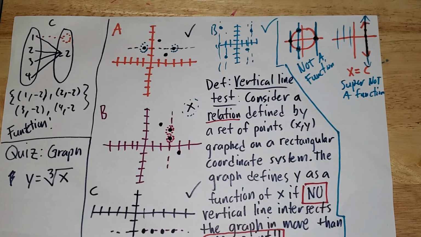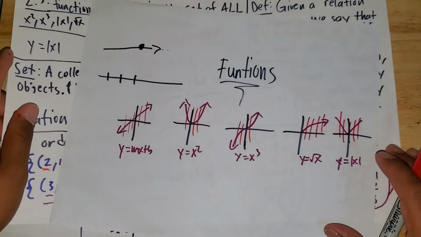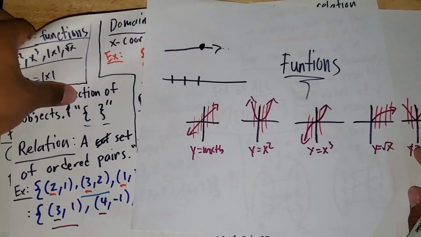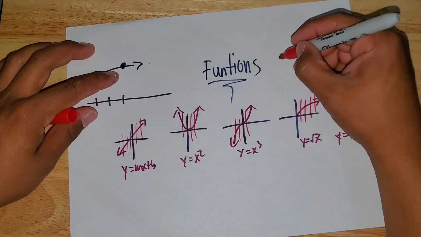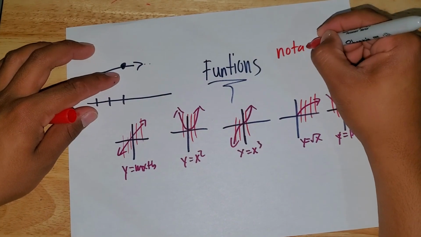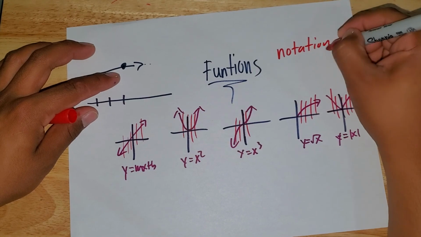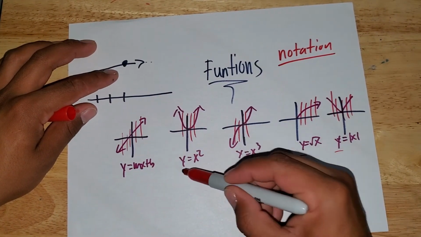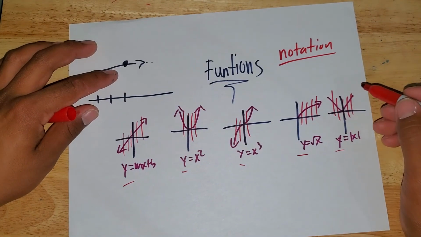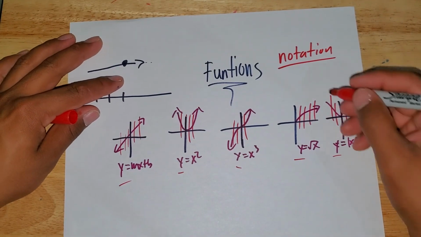So that's part of what this section is about, being able to identify which of these are functions. And then we're going to talk about notation, because we're going to take all these y's and replace them using something called function notation.